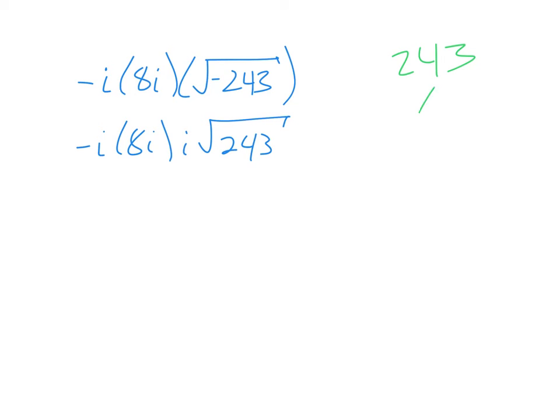And 243 breaks down into what? 3 and 81. Okay, and so then if you really know, then you could stop there, because what's the square root of 81? 9. Okay, so then we have negative i times 8i times i times what?